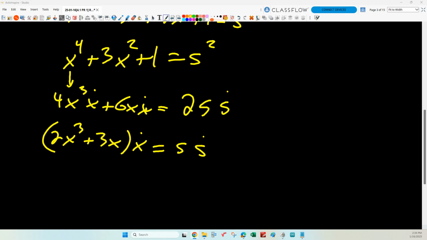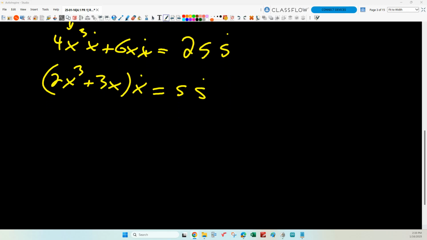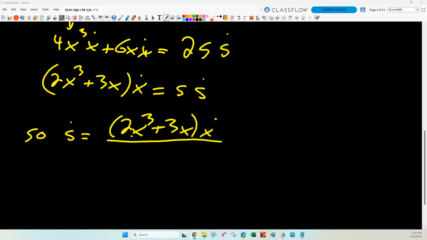Make sense? Okay, now we're getting somewhere. Now I could solve for s dot. So s dot just equals 2x cubed plus 3x x dot divided by s.